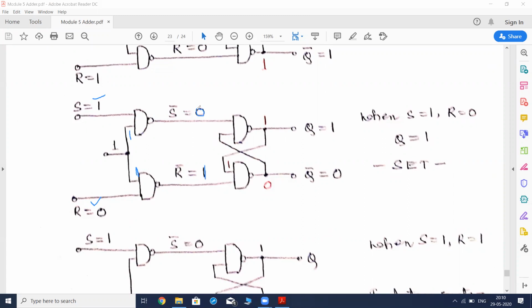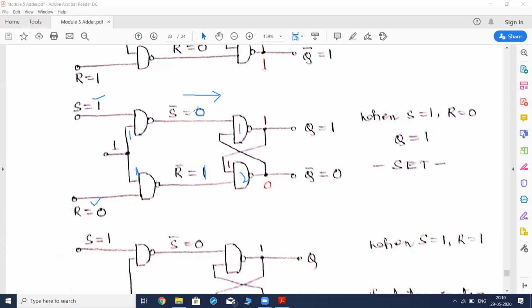Now S bar is 0 and R bar is 1. We can take these directly from the S bar R bar latch over here, but we are doing the analysis over here. Again, we need to go in this particular direction only. We'll take these NAND gates as 1 and 2 over here.